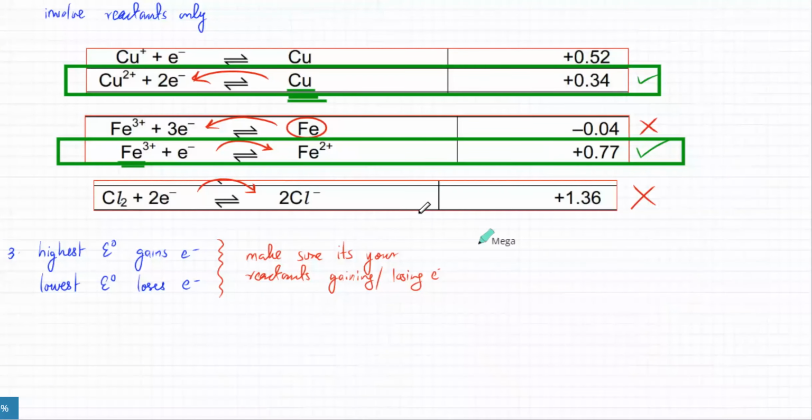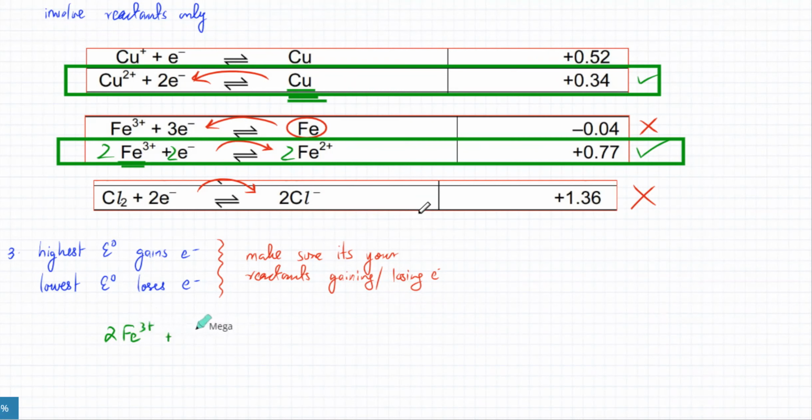Yes, sir. And I can just add up the reactants. I need to multiply the Fe3+ equation by 2, I think. Right? So that needs to be multiplied by 2, and it's going to be 2 Fe3+.